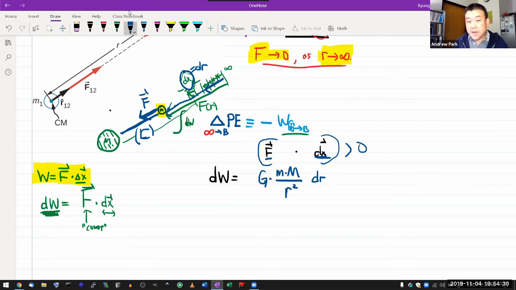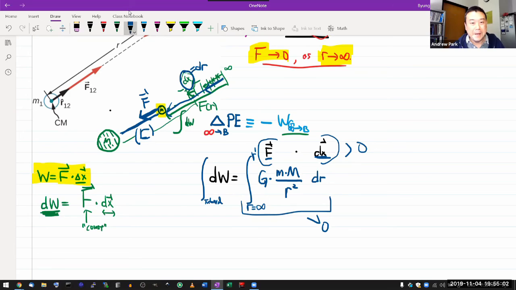So when I'm all done, when I integrate this infinitesimal change over the whole interval, going from r equals infinity to some particular fixed point r prime, I want this entire quantity to come out to be positive.